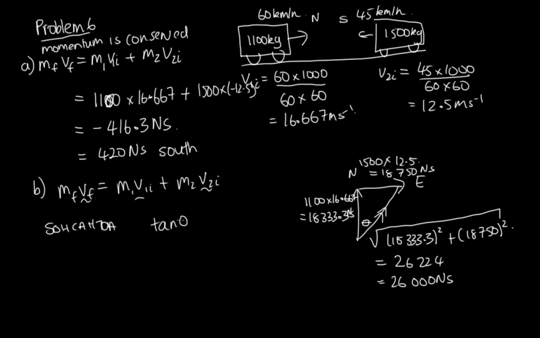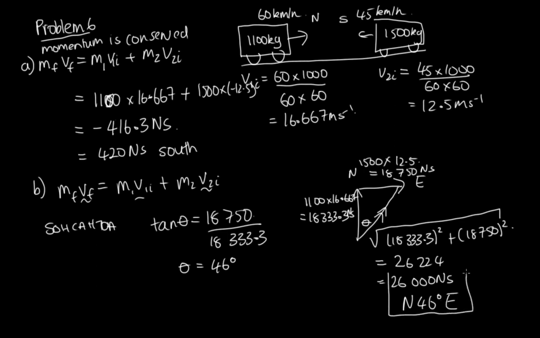So tan theta is equal to opposite, which is 18,750, over adjacent, which is 18,333.3. So solving that on the calculator, we end up with theta is equal to 46 degrees. And so our momentum is 26,000 Newton seconds north, 46 degrees east. And so this would be our final answer.